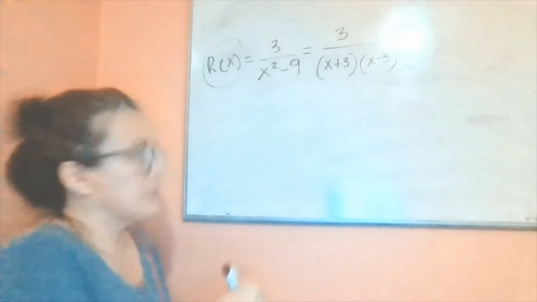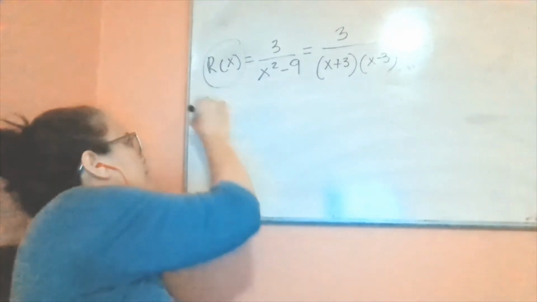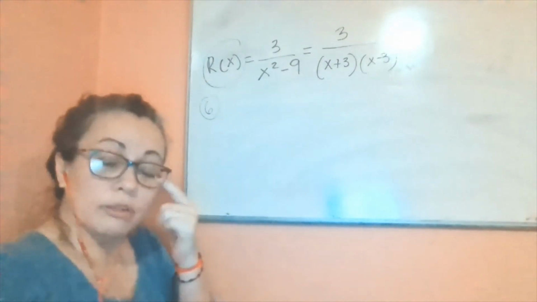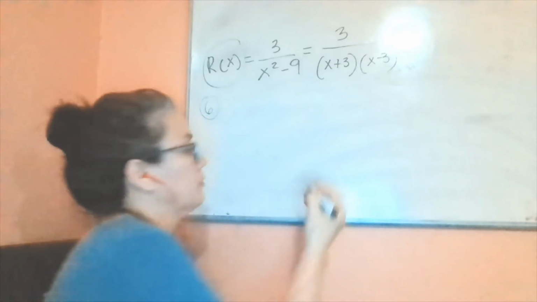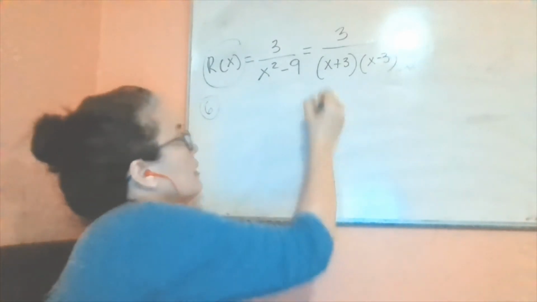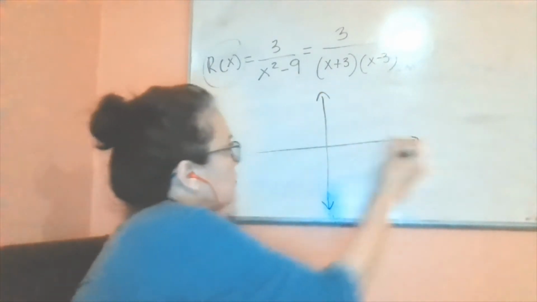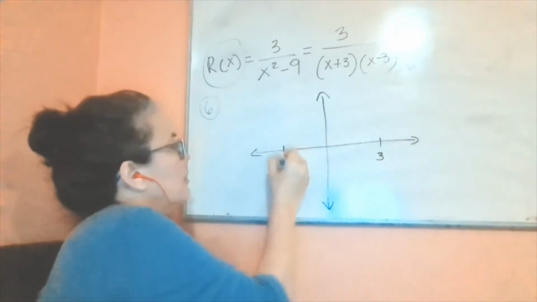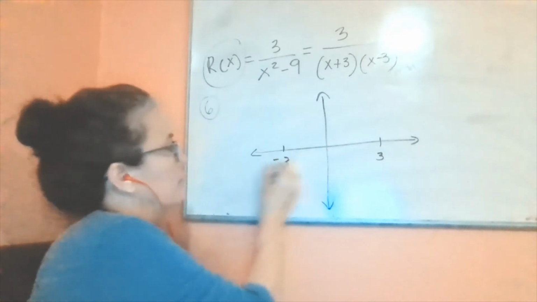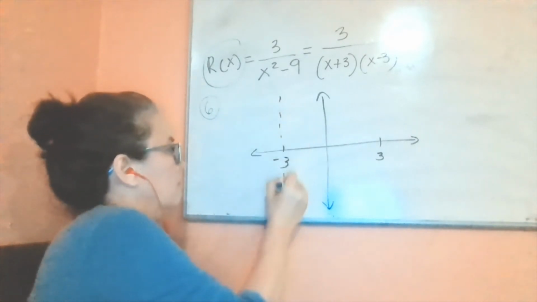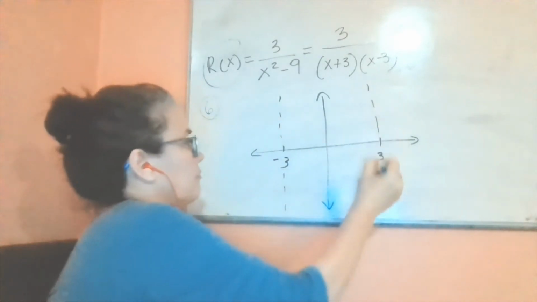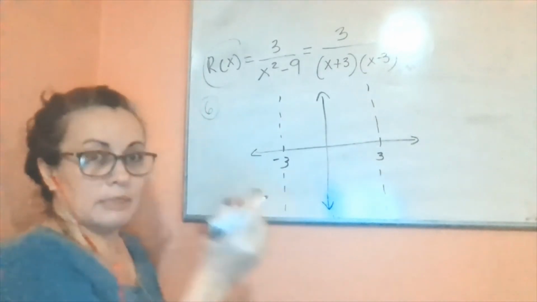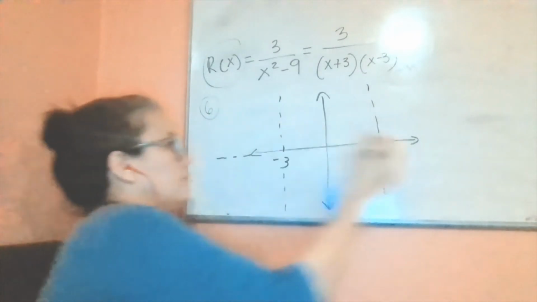Step number 6. What I usually do in step number 6 is graph all the information that I already have. Let's begin. What do I have? Well, first, the vertical asymptotes. I have 3 positive, 3 negative, okay? Horizontal asymptote, y equals 0.